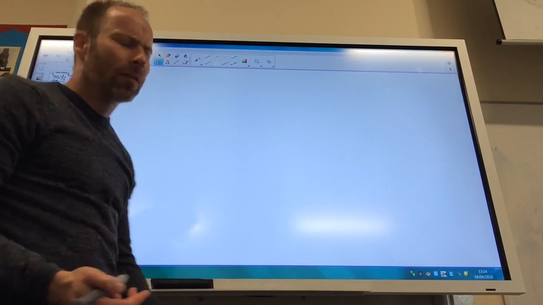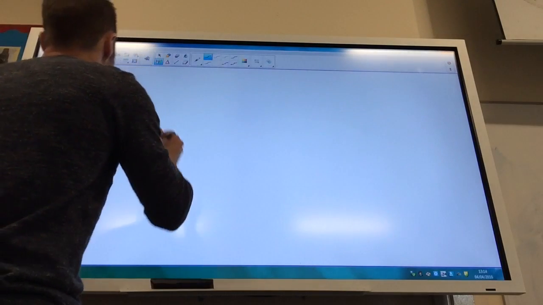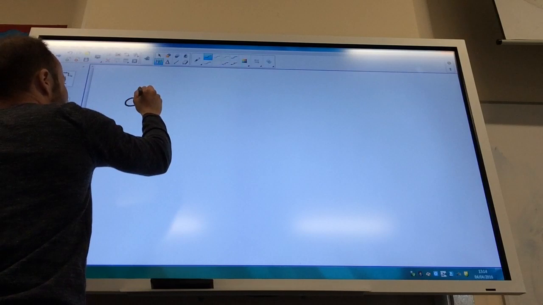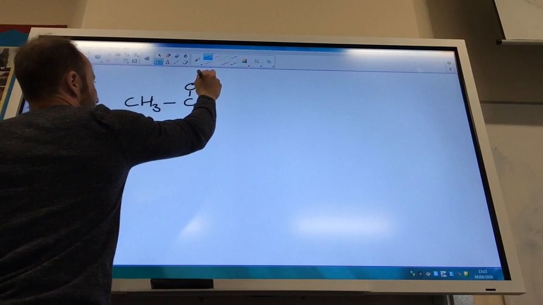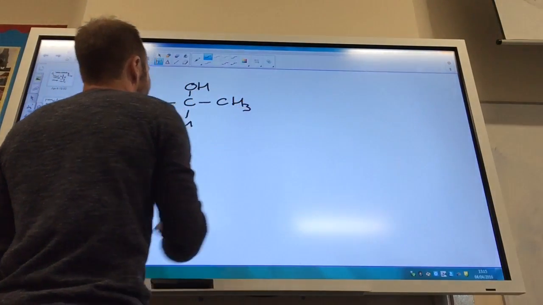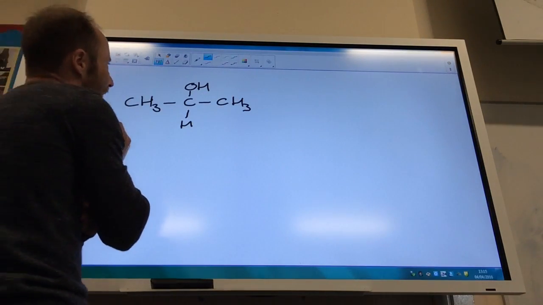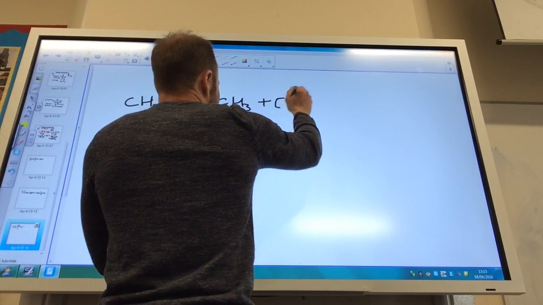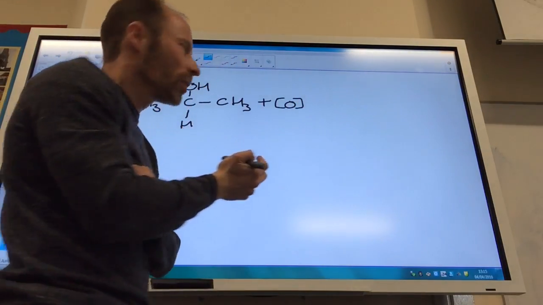What about the other type of alcohols? Well, let's look at secondary alcohols. The simplest secondary alcohol we can do is this one here. So this is of course propan-2-ol. Again, it will be oxidized, so I can take potassium dichromate, which has been acidified, and I can oxidize this.